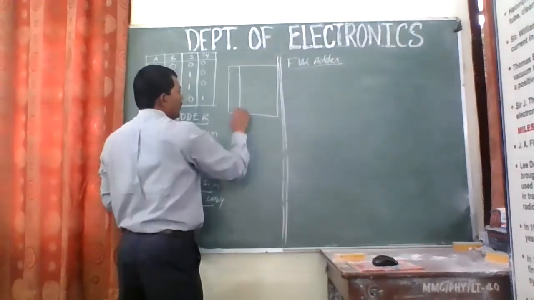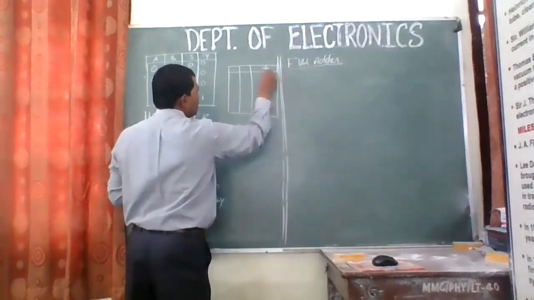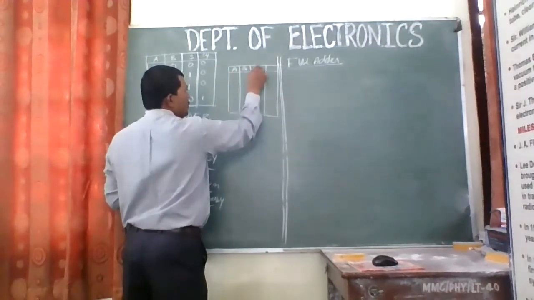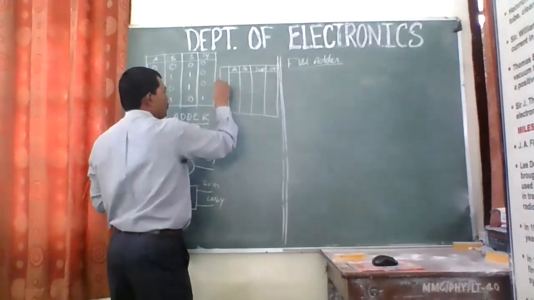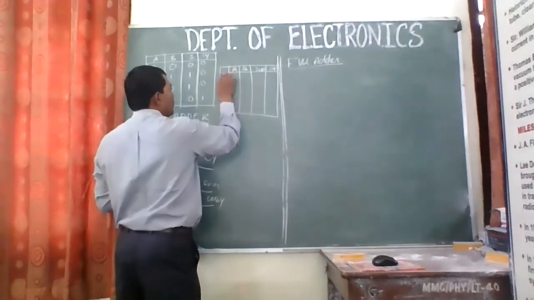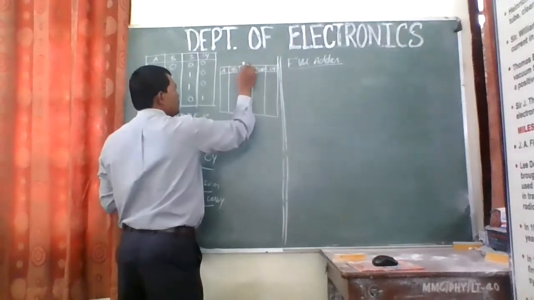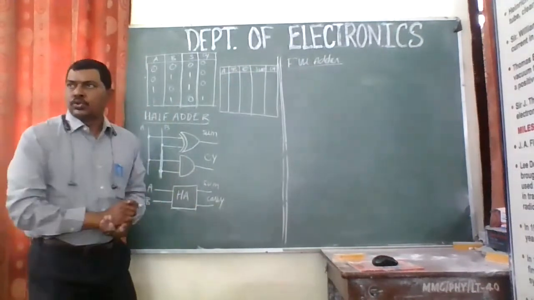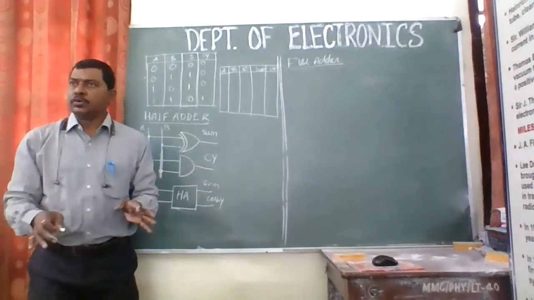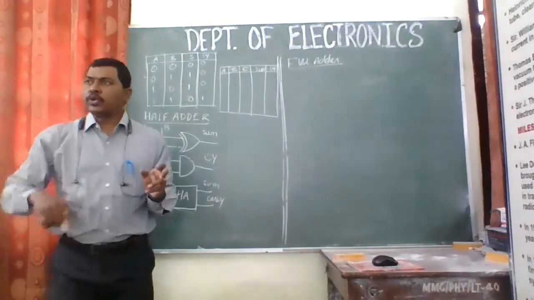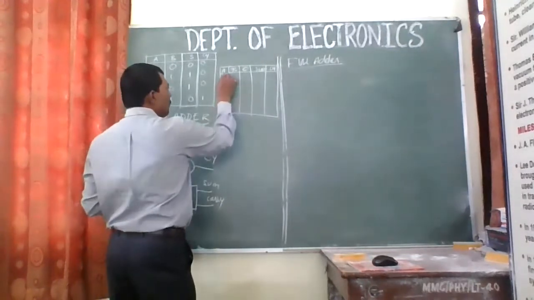So again, we will have the inputs A, B, and C, three inputs, and the outputs sum and carry. In how many combinations are we supposed to give the inputs? Three inputs, 2 raised to power 3. That is 8.